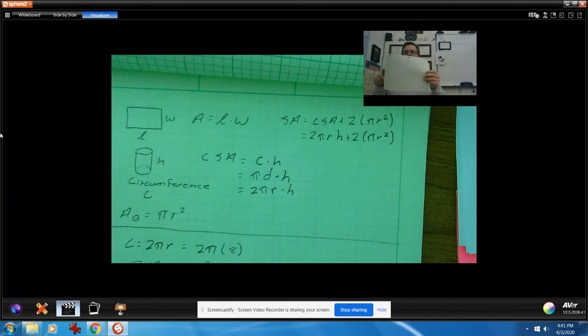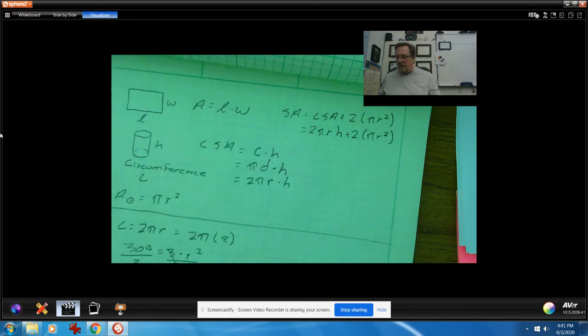And the width of the rectangle became the height of the cylinder.